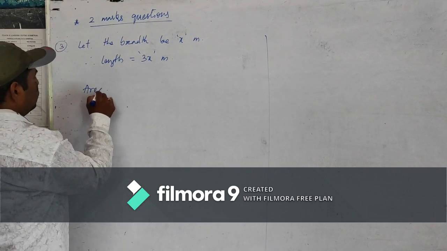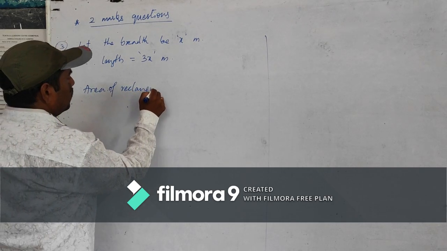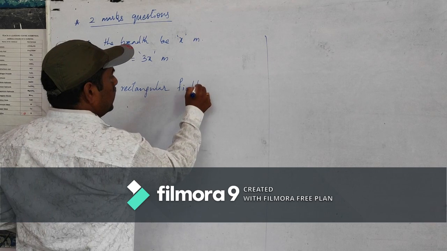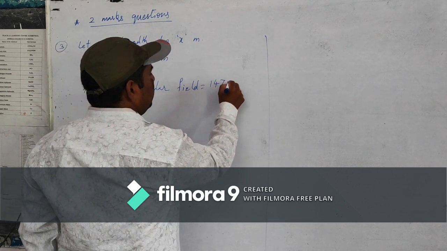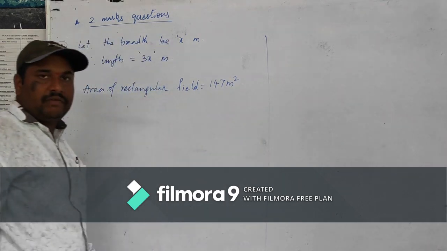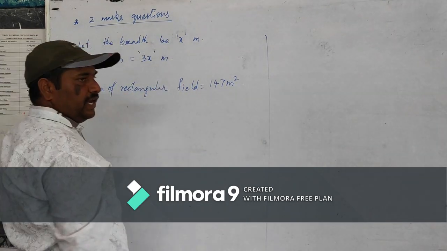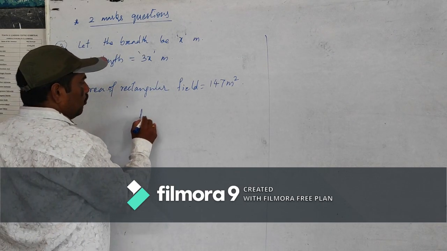Area of rectangular field is equal to how much? 147 meters square. Now area of rectangle is length into breadth.